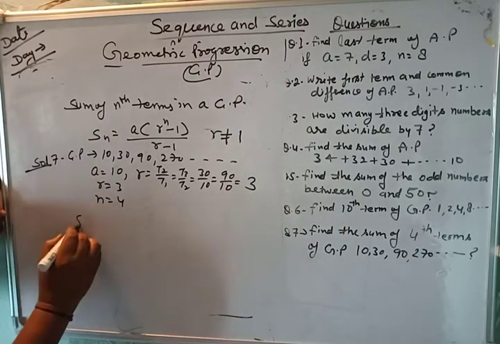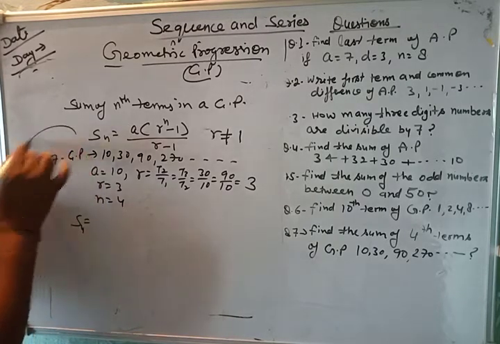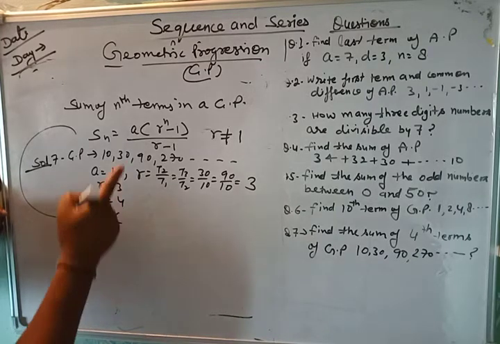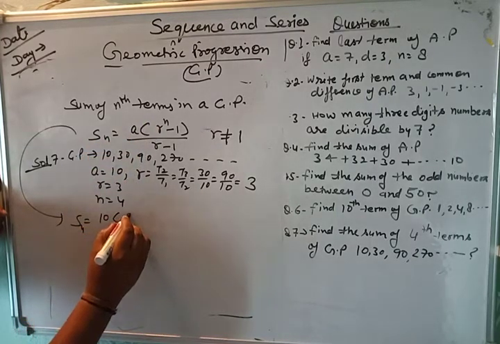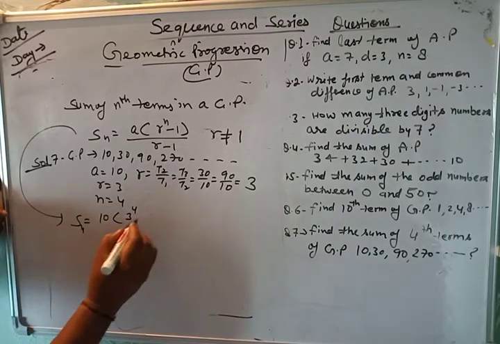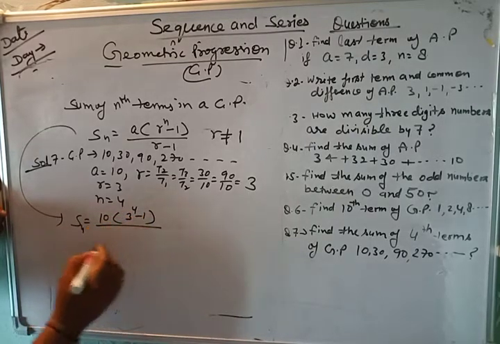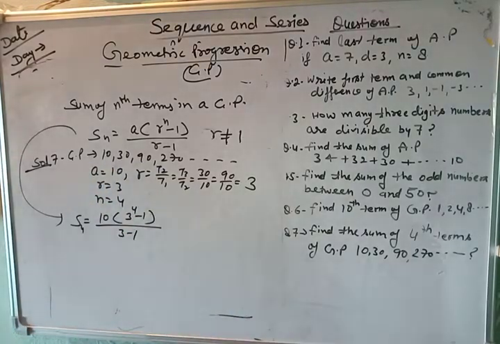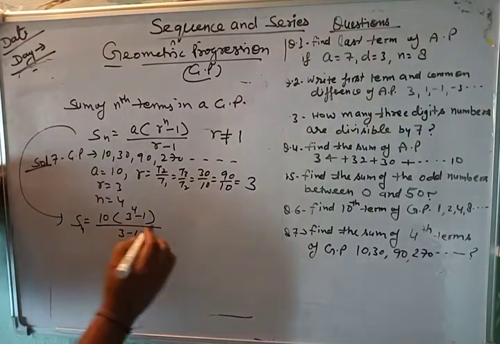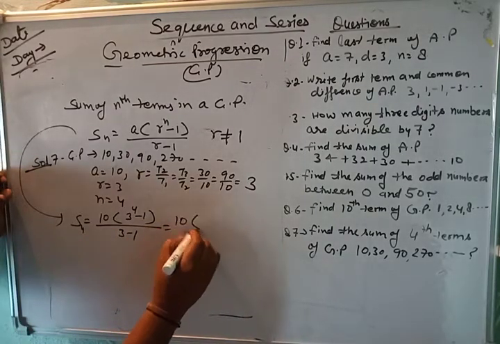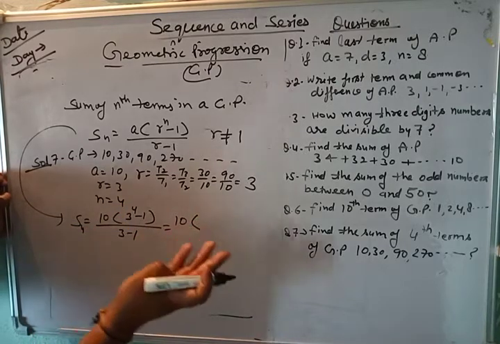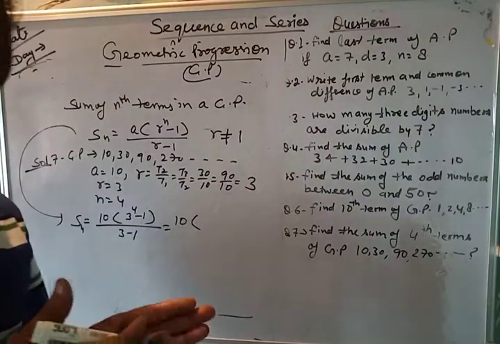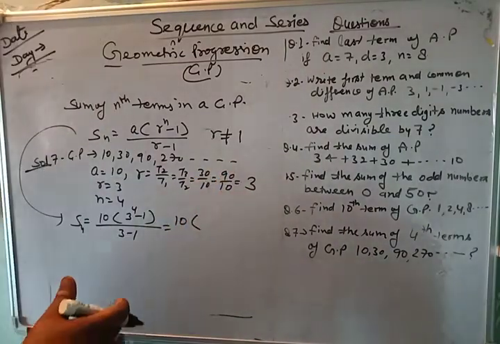So now use the formula for S4. We will use this formula here. a, what is a? 10, r raised to the power n, r equal to 3 raised to the power 4 minus 1, by r minus 1, that is 3 minus 1. Clear? Again solve it. 3 raised to the power 4 means 3 times 3 is 9, 9 times 3 is 27, and 27 times 3 is 81.